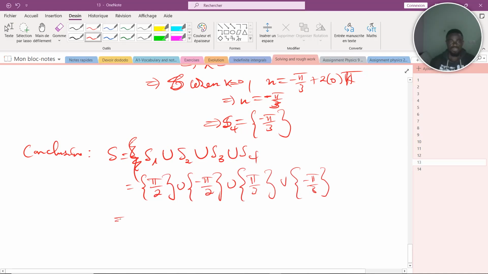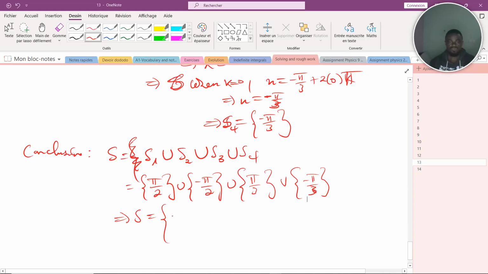So this implies our S will be equals to the smallest first. To know which is the smallest, you just convert. If you take pi on 3, you just convert this pi into 180 degrees. 180 degrees divided by 3, that's 60. So this is minus 60 degrees and this is minus 90.